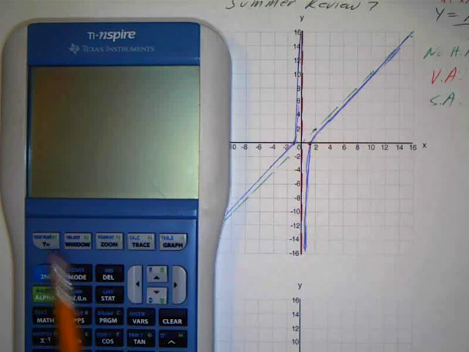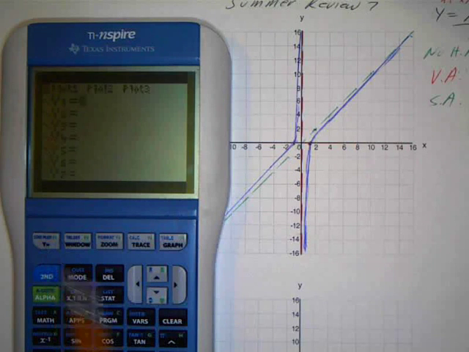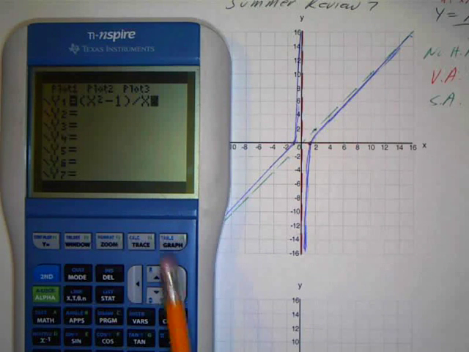Okay, so on y equals, we've got parentheses x squared minus 1, parentheses divided by just x. Okay, and we have the same window.